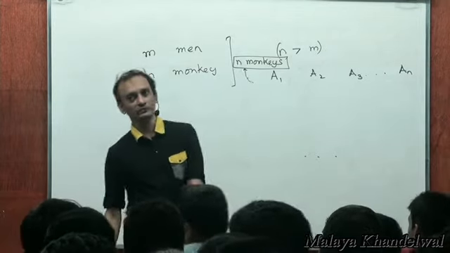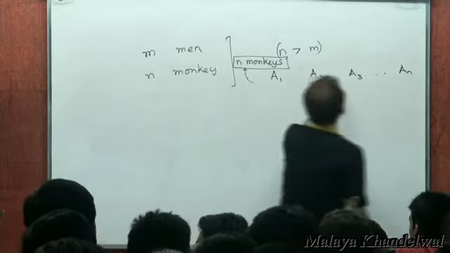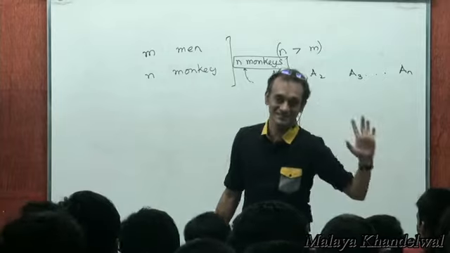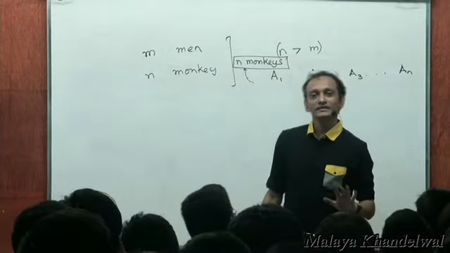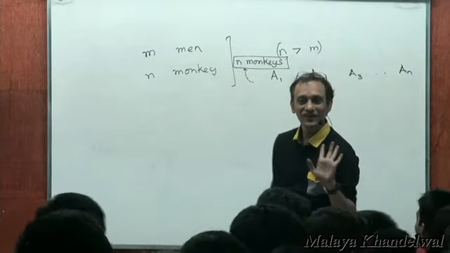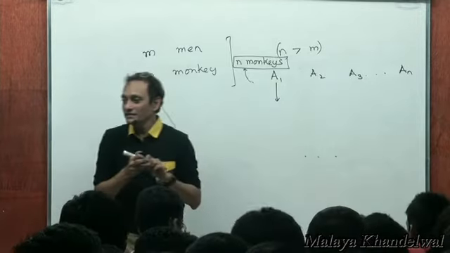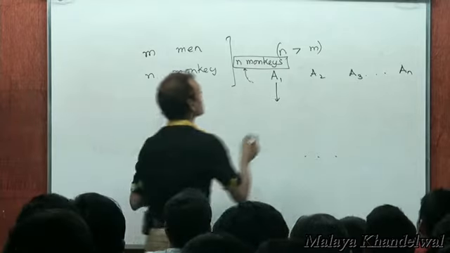All right. Stop it. So, N monkeys, and we want to assign monkeys to masters. Okay? We will assume that a monkey has one master. All right? So, monkey A1 can be assigned to any one of the M masters.